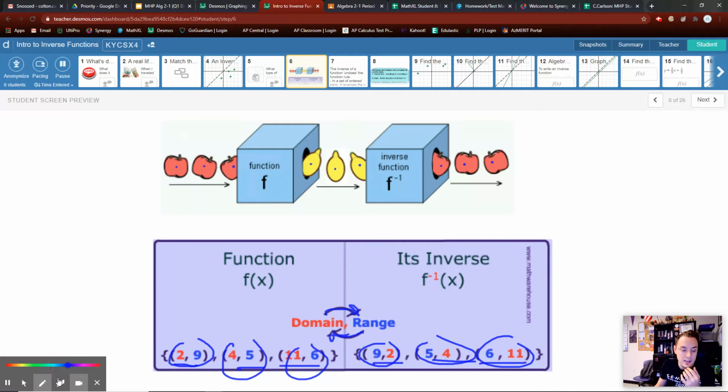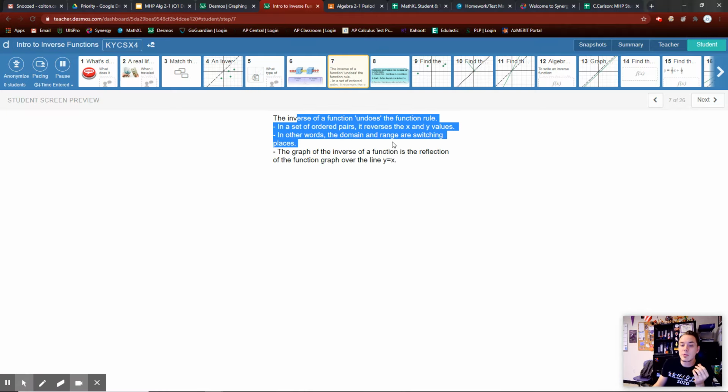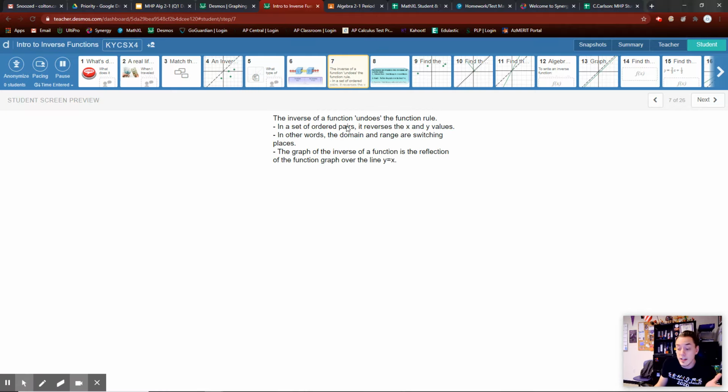So let's go to the next one. This is kind of briefly just showing everything. I would write this down personally. The inverse of a function undoes the function rule. Instead of ordered pairs, it reverses x and y's, which we've already seen. And so in other words, the domain and range are switching places.